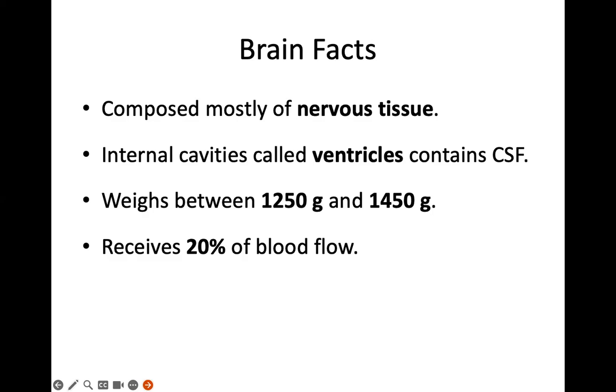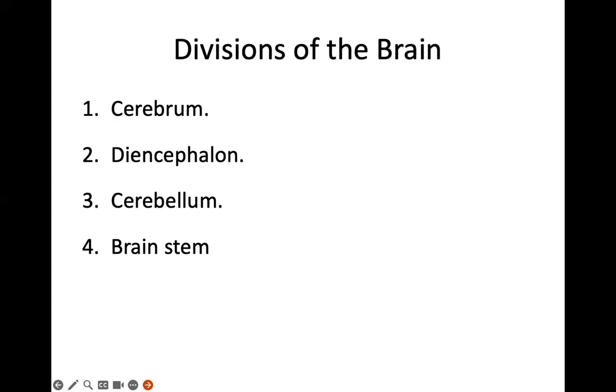But it plays a major role in our survival, perception, memory, and so many other things. We are different from other animals because of this brain. 20% of our blood flow goes to the brain because it needs a lot of energy, oxygen, and glucose, sugar, to survive.